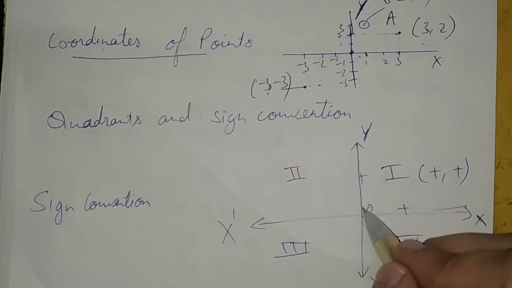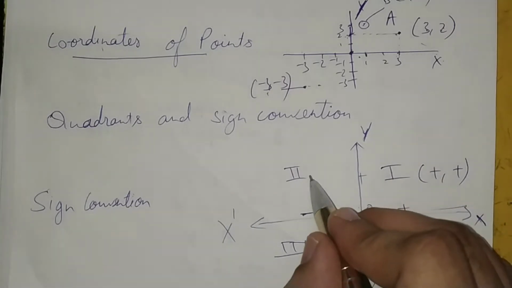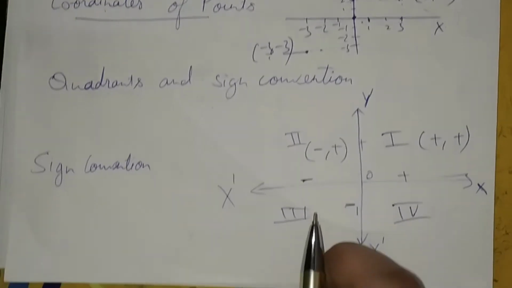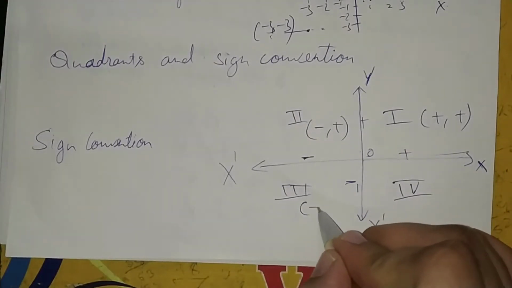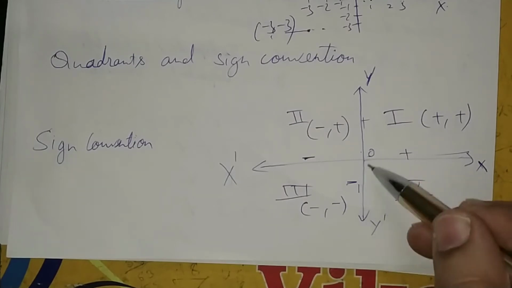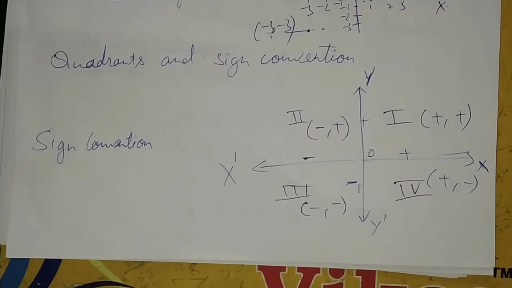In the second quadrant, x is negative but y is positive. In the third, both are negative. In the fourth, x is positive but y is negative. So these are the sign conventions.